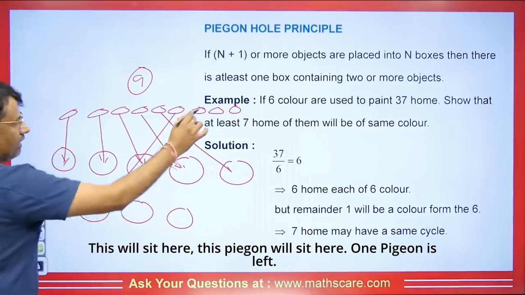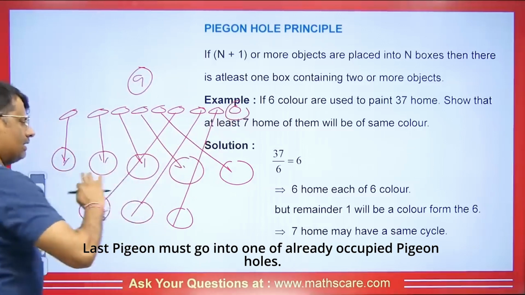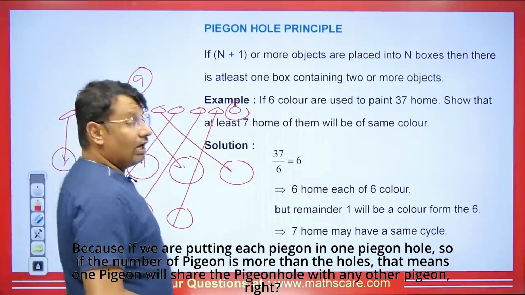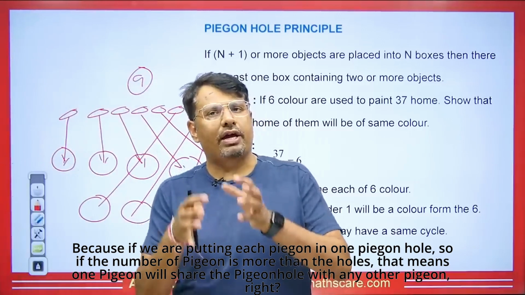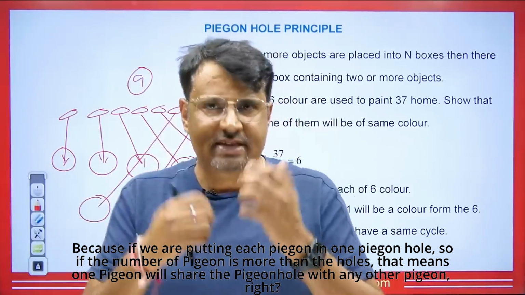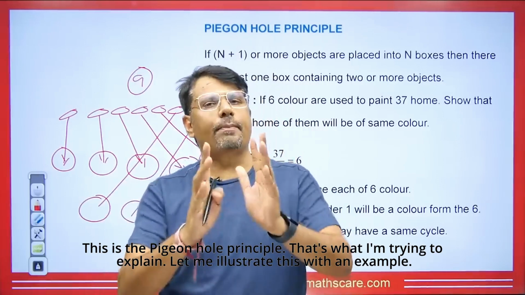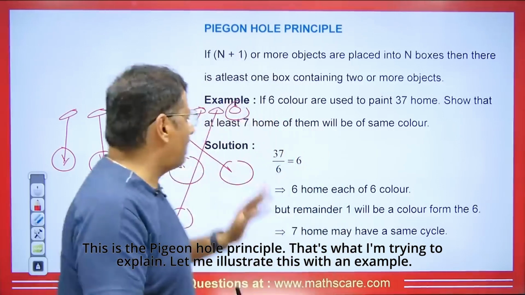This one will sit here, this pigeon will sit here. One pigeon is left. The last pigeon must go into one of the already occupied pigeonholes. Because if the number of pigeons is more than the holes, one pigeon will share a pigeonhole with another pigeon. This is the Pigeonhole Principle. That's what I'm trying to explain.